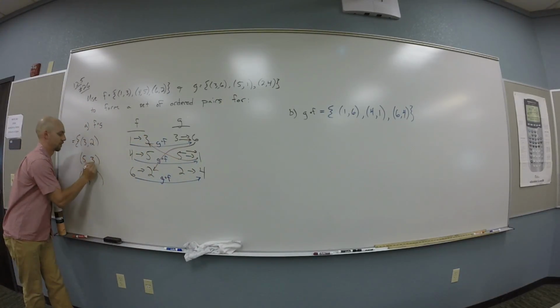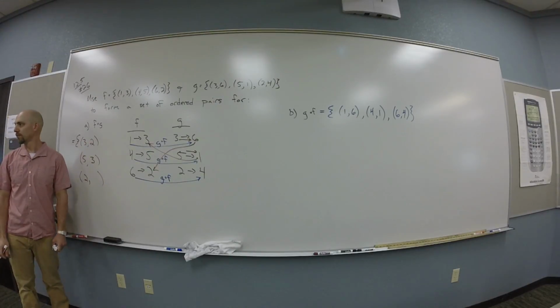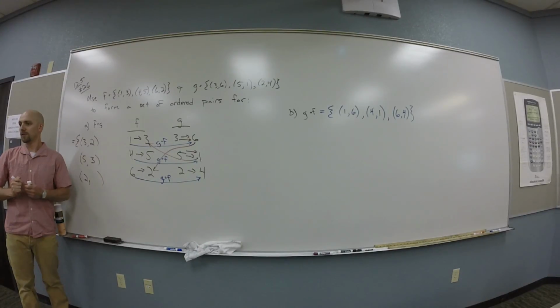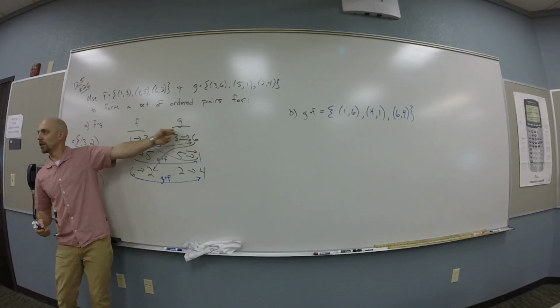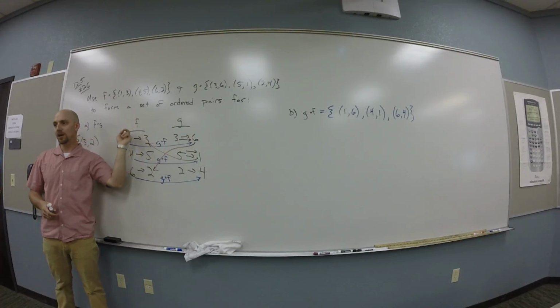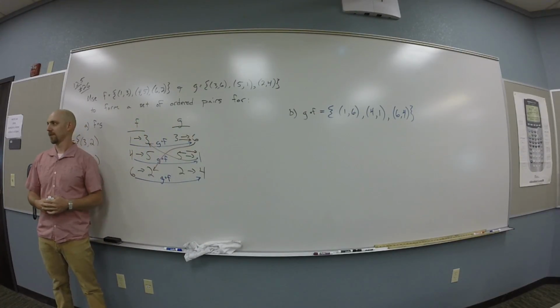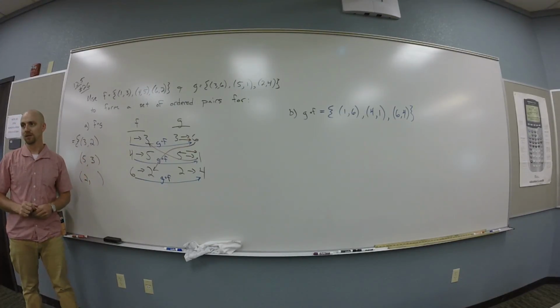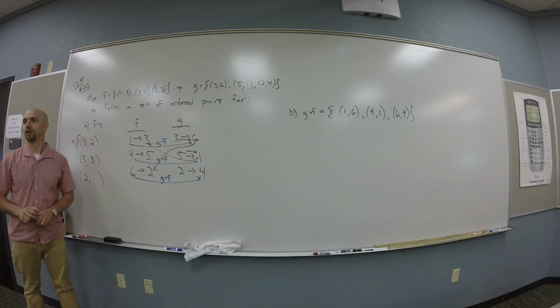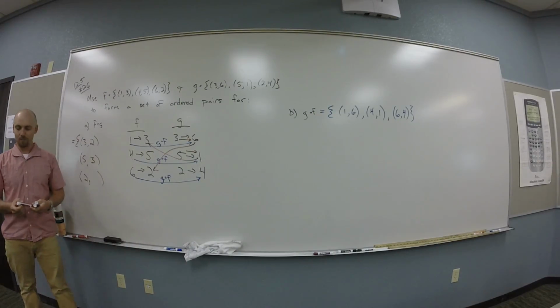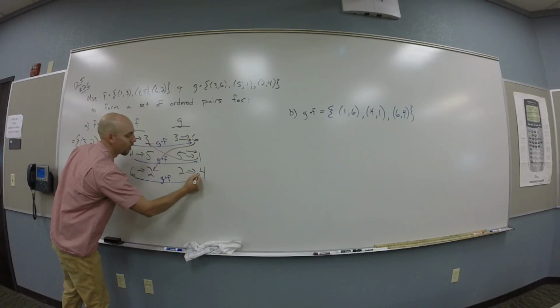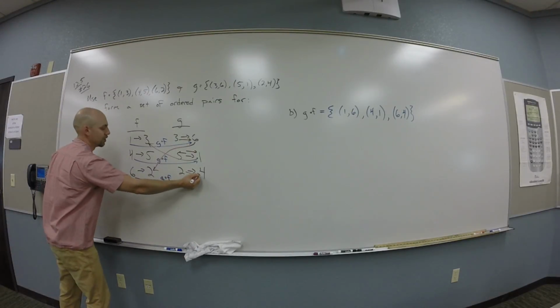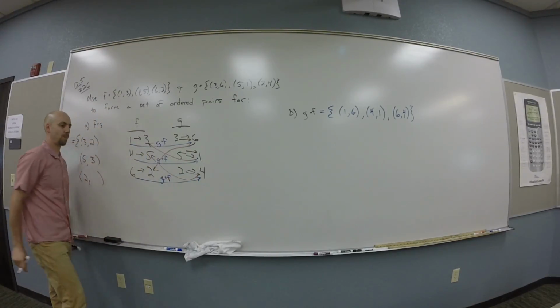I'm doing G first, so the outputs of G become the inputs of F. Can you tell me where 2 goes? 2 goes to 5, by process of elimination. 2 goes to 4 first, and then 4 goes to 5.